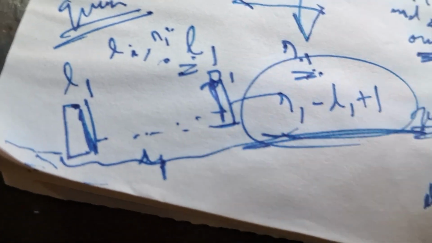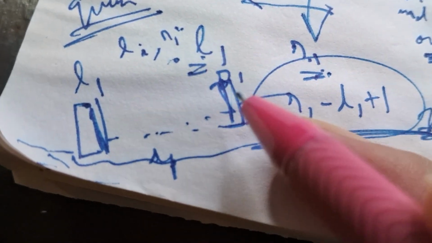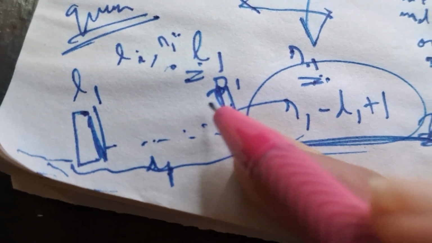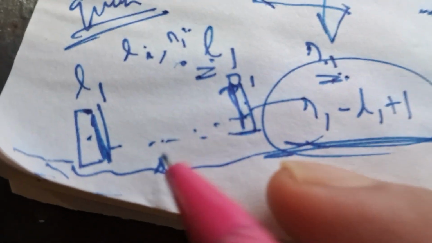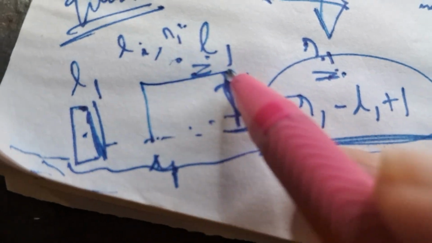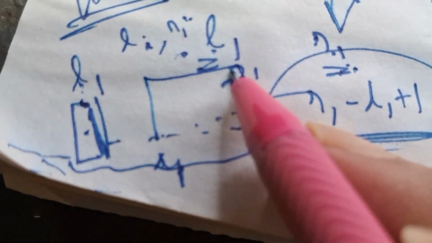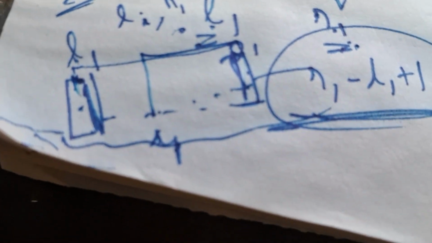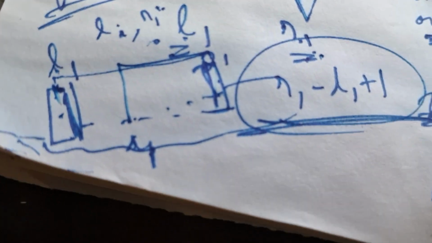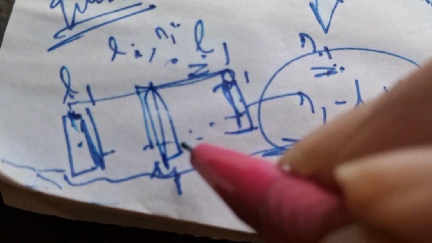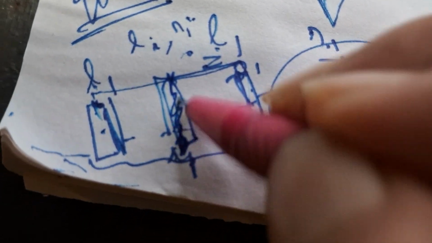So between them, you know one thing: if we are going to consider R1 as the end point, you have to find the leftmost element. If the leftmost element lies between L1 and R1, you can consider all of them. But if it is lying before this, you can consider only till L1. Let's say there is an element over here.